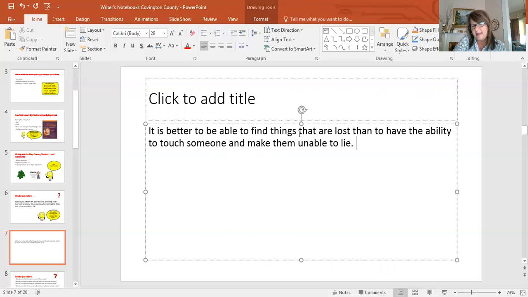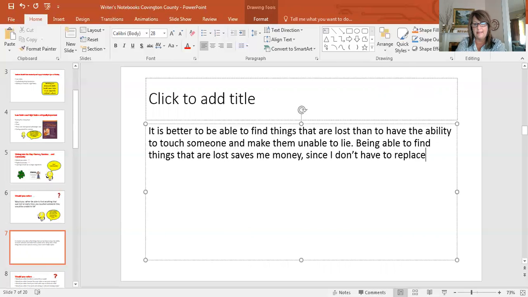The reasons that I chose the things that are lost, I'm thinking about the time. I spend a lot of time, so I'm going to say being able to find things that are lost saves me money, since I don't have to replace items.